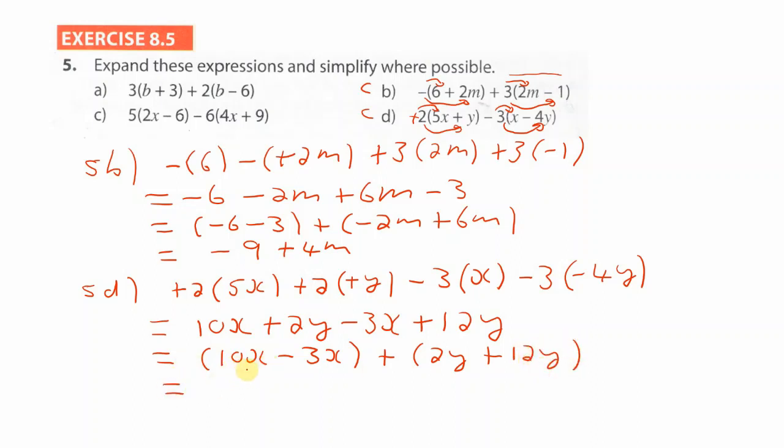So we can simplify inside the brackets as it's like terms. We have 10x's, we give 3 away, now we have 7x's. We have 2y's, we get another 12, so we have 14y's. Y's and x's are not like terms, they are unlike, so we cannot add or subtract. It is already in simplified form.